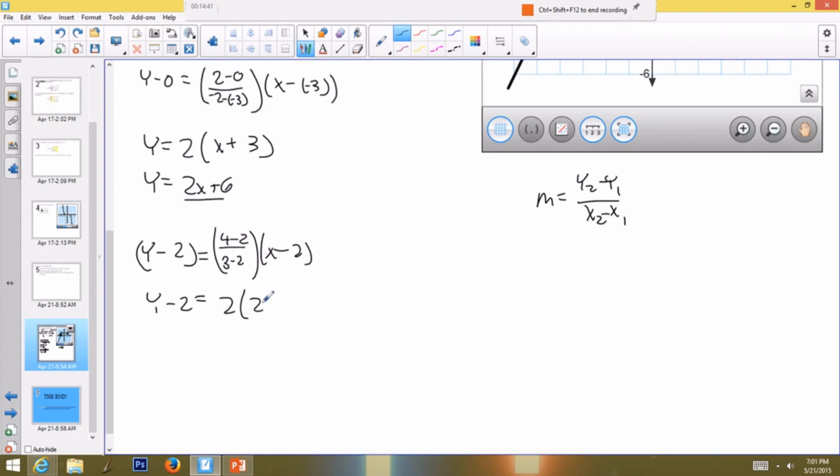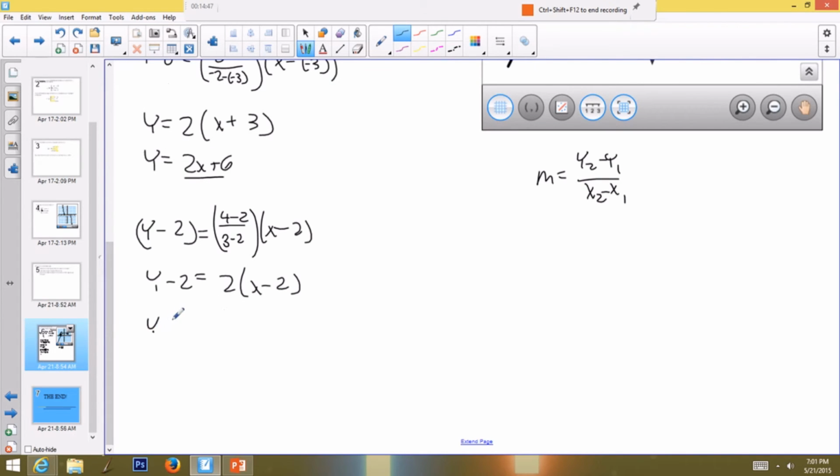Or excuse me, I'm going to get x minus 2. And so y equals, I distribute, so I got 2x minus 4. Add this 2 to both sides, and that gives me a final answer of y equals 2x minus 2.